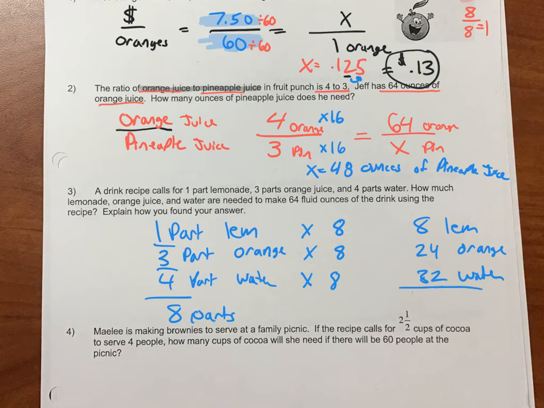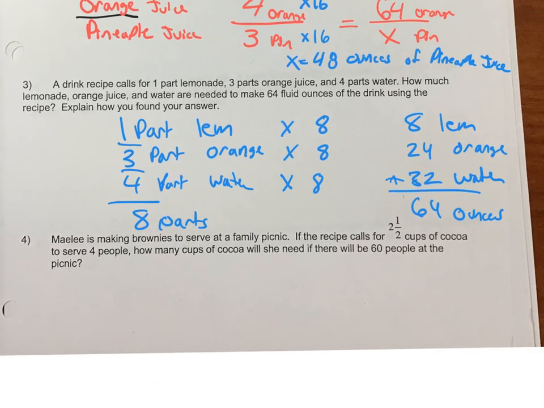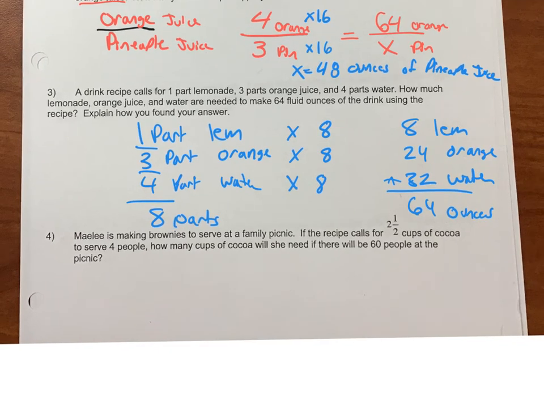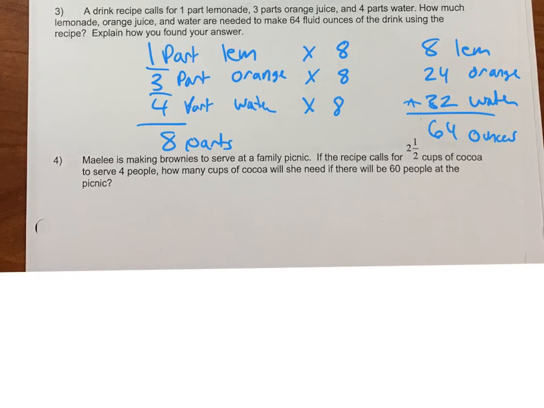Okay, so how many ounces of each do we have? When you add these up, 8 plus 24 plus 32 is 64 ounces. So that's what we need. That's how many parts we need of each. All right, last one.